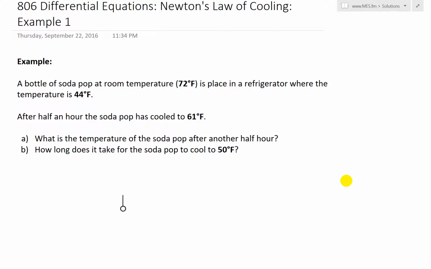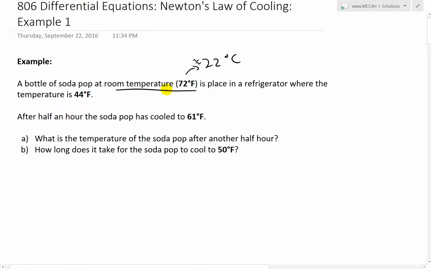Basically going to solve this example, which states a bottle of soda pop at room temperature, that's 72 degrees Fahrenheit, which is about 22 degrees Celsius, so roughly that, just if you're not familiar with Fahrenheit.